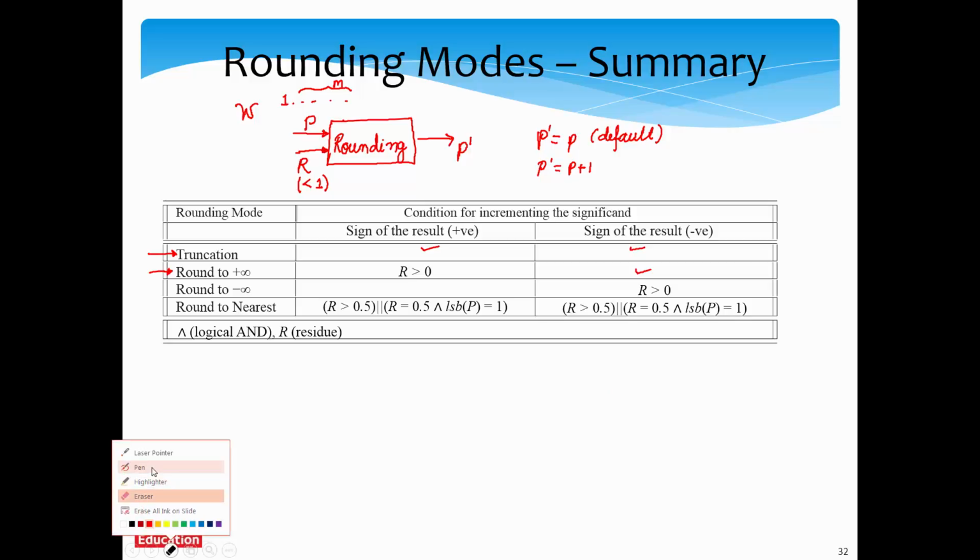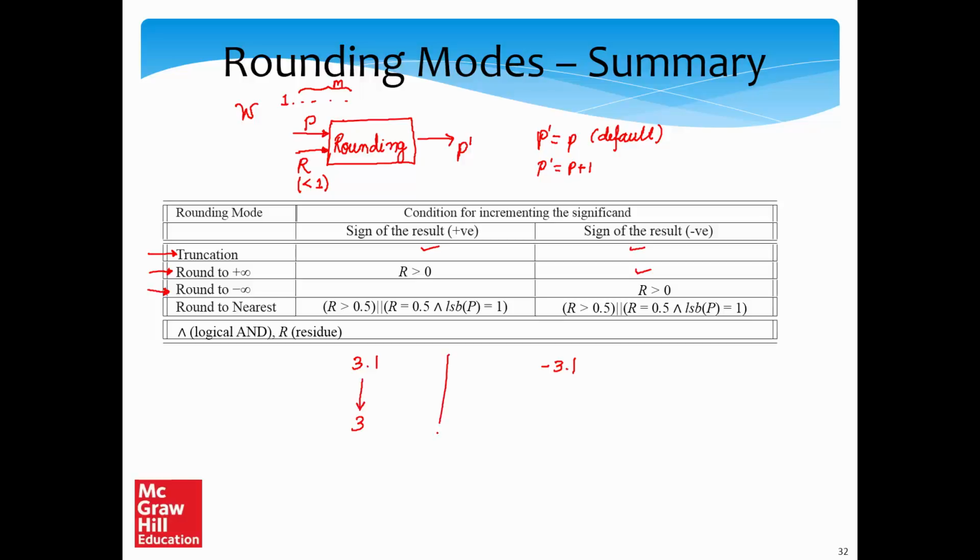Let's now talk about rounding to minus infinity, which means choosing the lower integer. So let's again take a look at 3.1 and minus 3.1. In the case of 3.1, we need to round it to 3. So let me draw a number line.